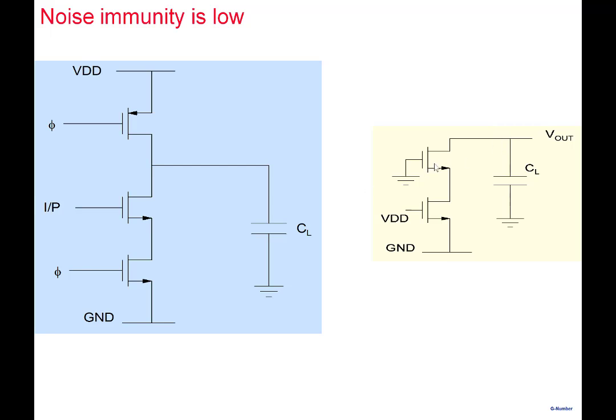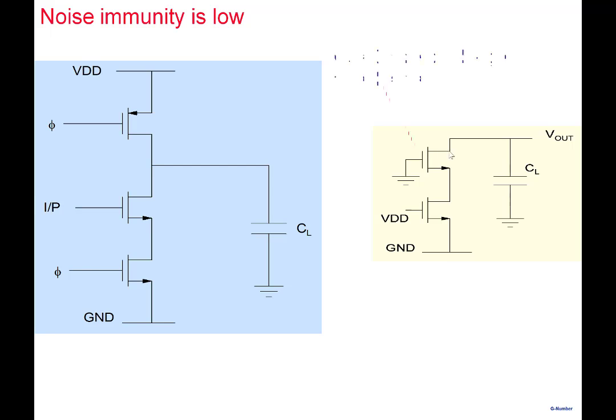So that's the problem with this particular logic, in the sense that you have a floating node, and floating in the sense that it is neither connected through a transistor to VDD, nor is it connected to ground, right? So it's just floating. And any other source of noise, for example, I'm just pointing out a noise in the ground here. If the noise voltage in the ground rises for some reason, then this particular capacitor will discharge.